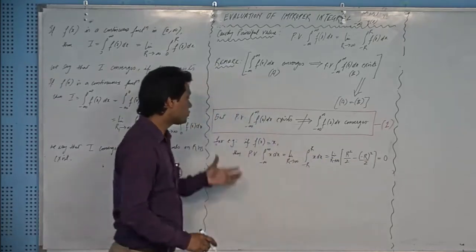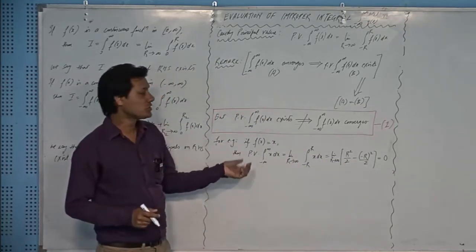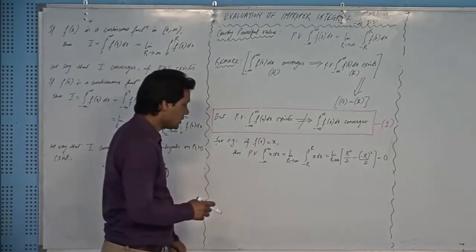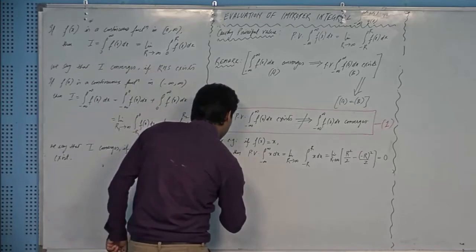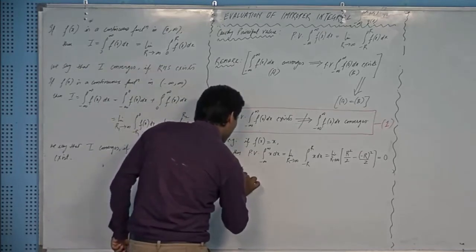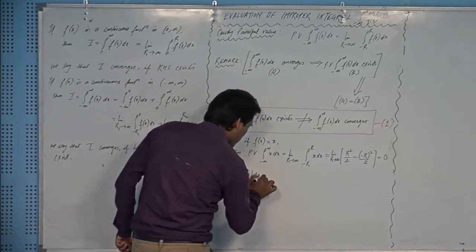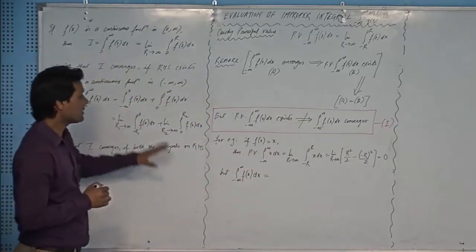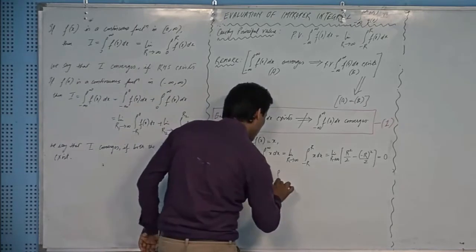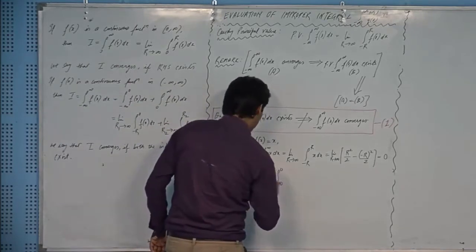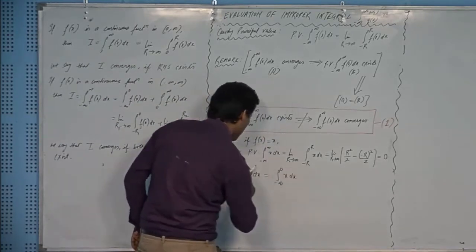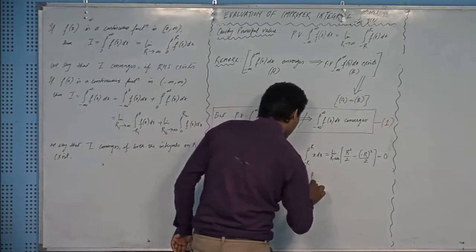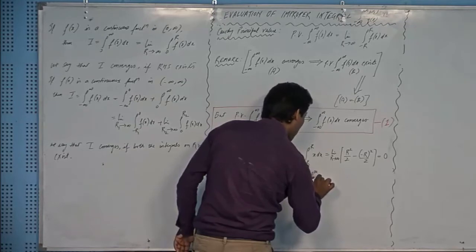But the actual value of this integral doesn't exist, because this integral actually doesn't converge. But if you find its value by using this rule, by breaking into two domains, I should write here minus infinity to 0 x dx plus 0 to infinity x dx.